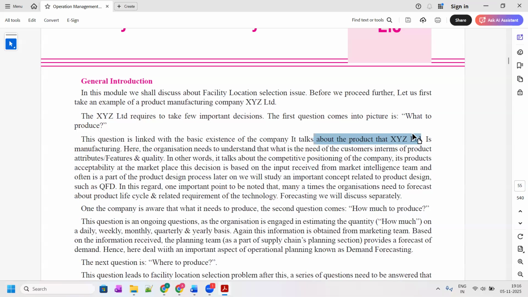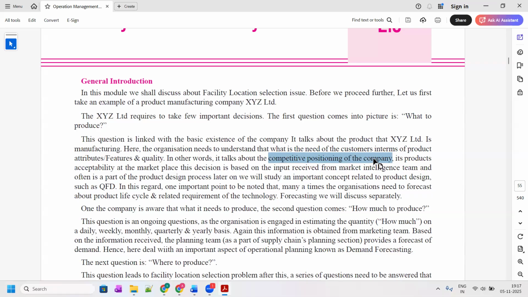And we know that at the end of the day, what matters is the competition. So before the company gets the answer of what to produce, they have to understand the expectation of their customer. They should look at the competition and check if the product will be accepted in the market or not.